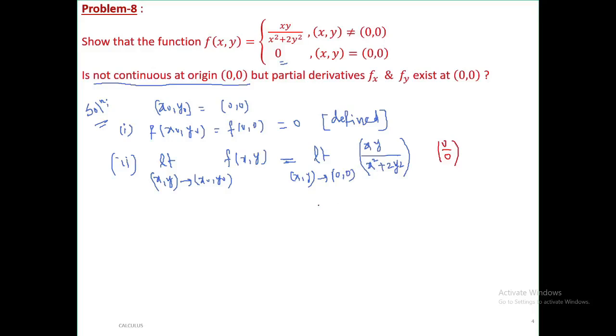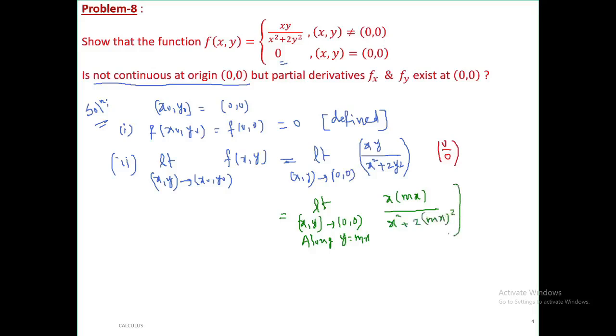In path limits, what we have to do is select two different paths, along which the function reaches 0 comma 0. Now I am choosing the path. If I choose y is equal to mx, here x square will come, here also x square will come. So along y is equal to mx I am choosing. If I choose y is equal to mx, so x into mx upon x square plus 2 into mx whole square.